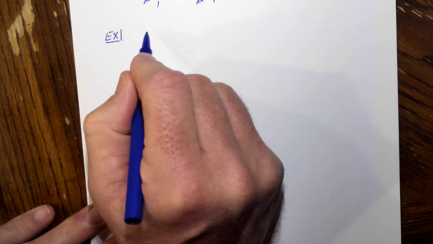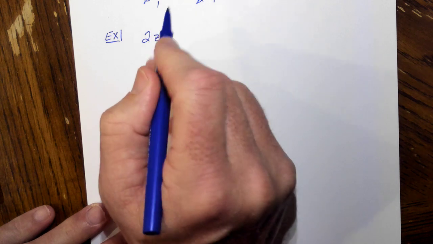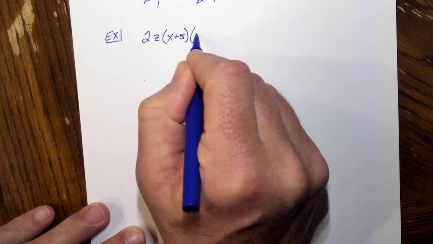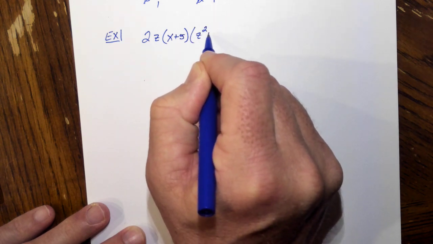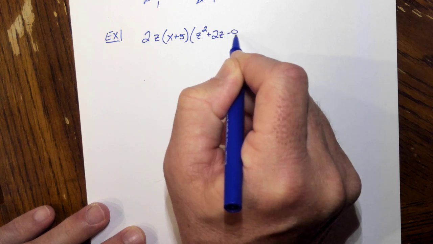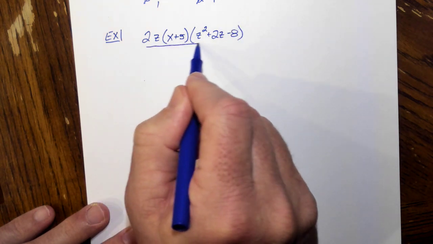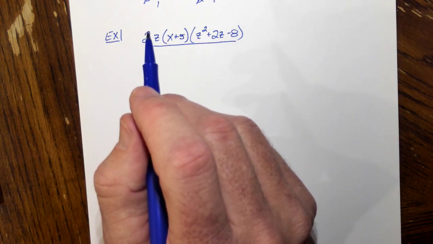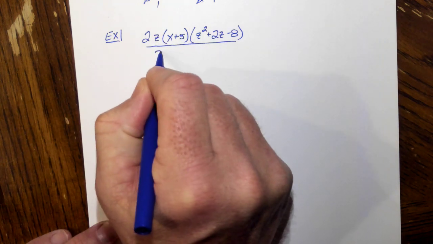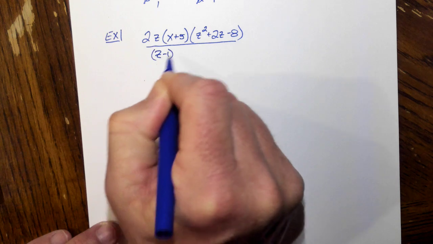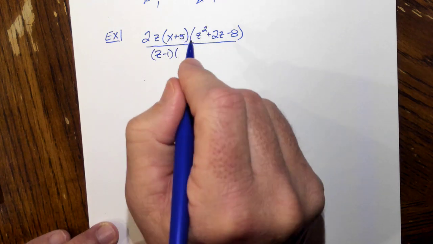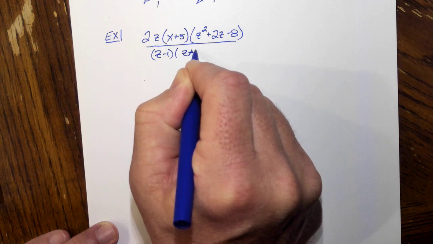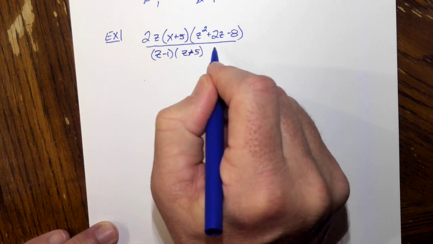So I'll give you this. 2z times the quantity of z plus 5 times the quantity of z squared plus 2z minus 8 all over the quantity of z minus 1 times the quantity of z plus 5, and then times the quantity of z minus 2.